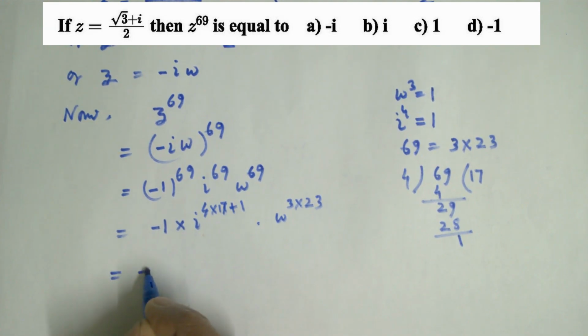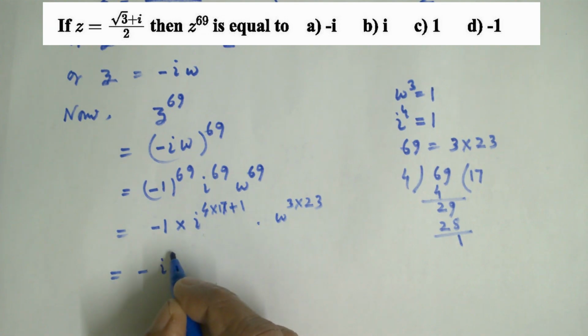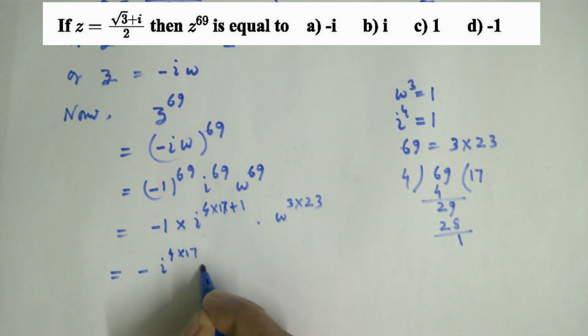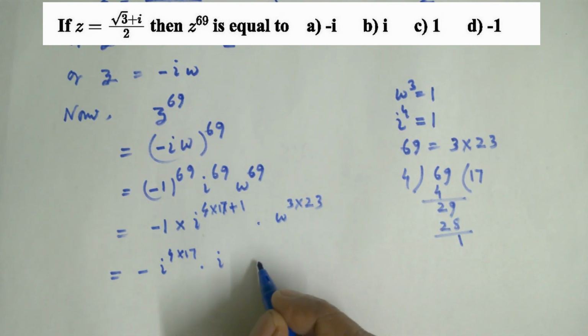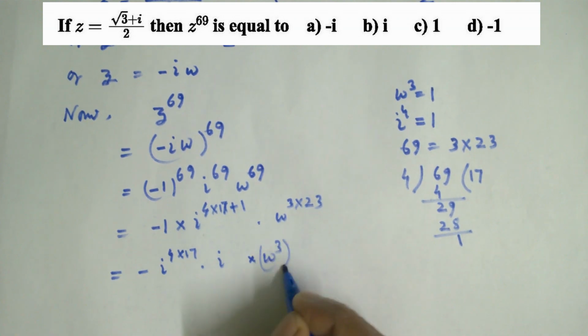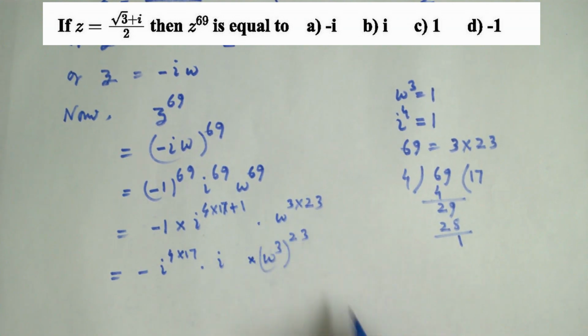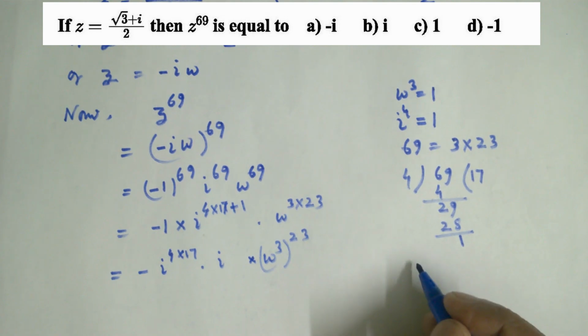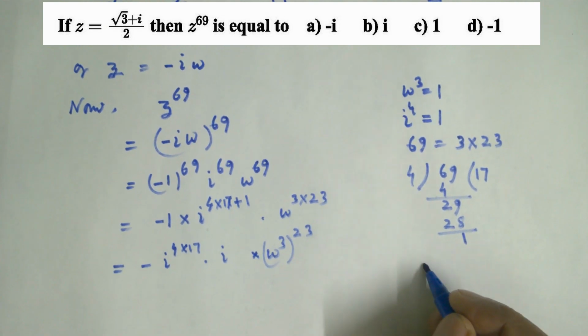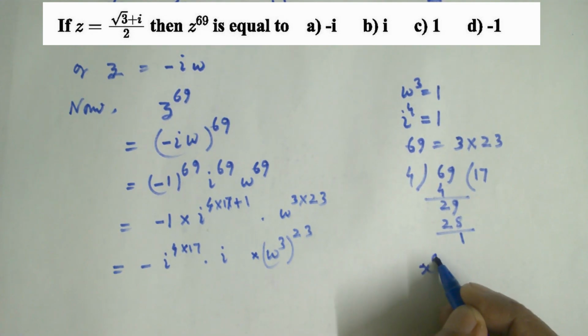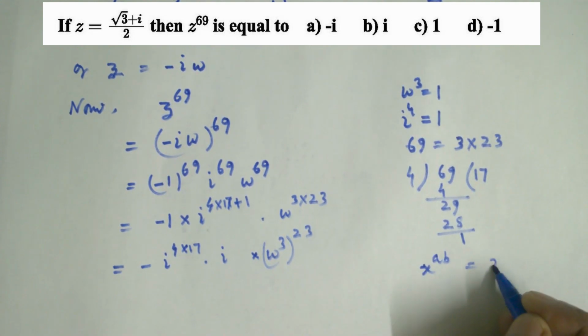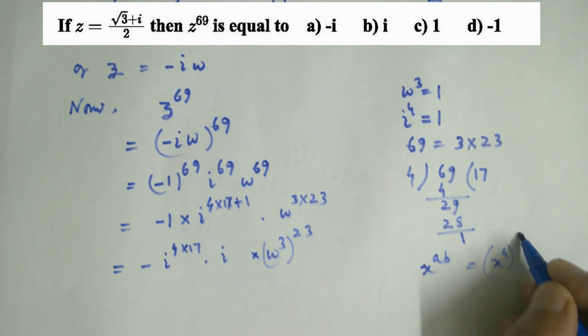Now minus i to the power 4 into 17 into i into omega to the power (3 into 23). From the law of indices, x to the power ab can be written as x to the power a whole to the power b.